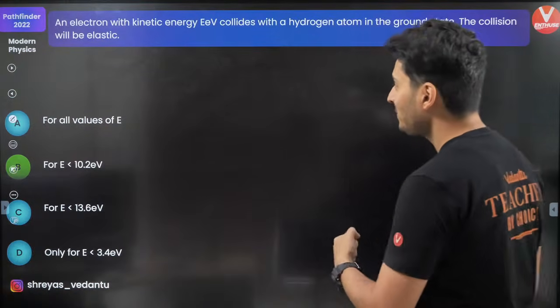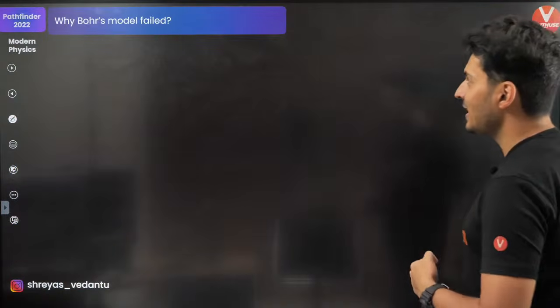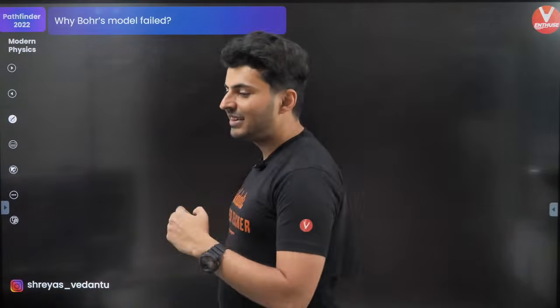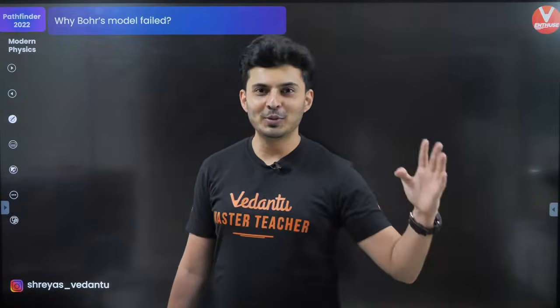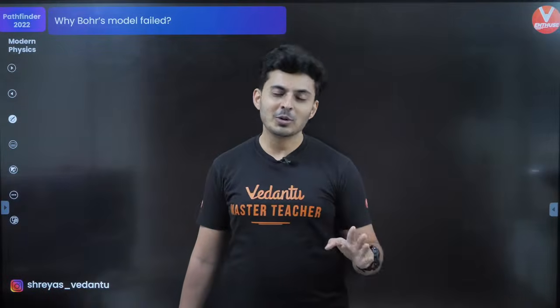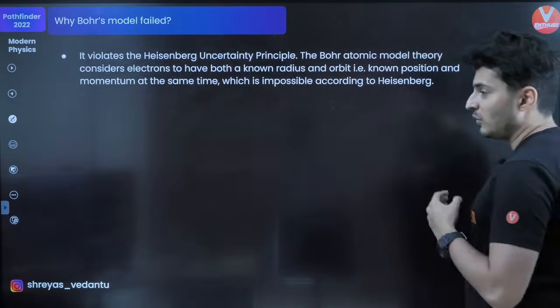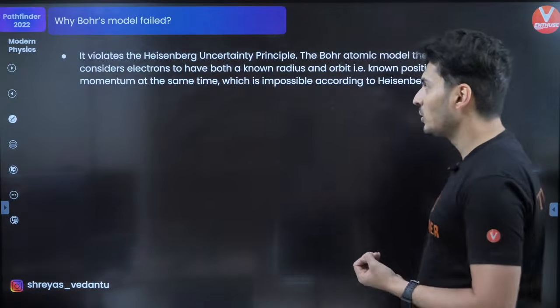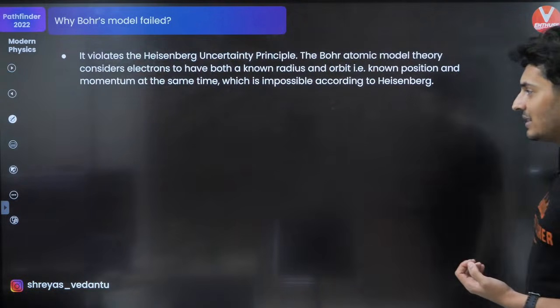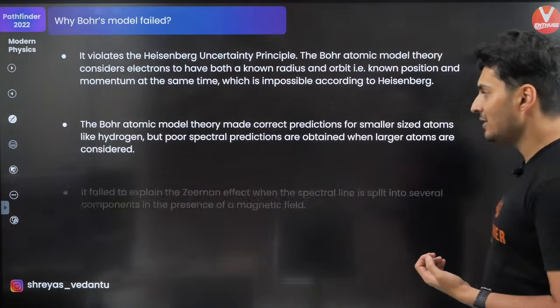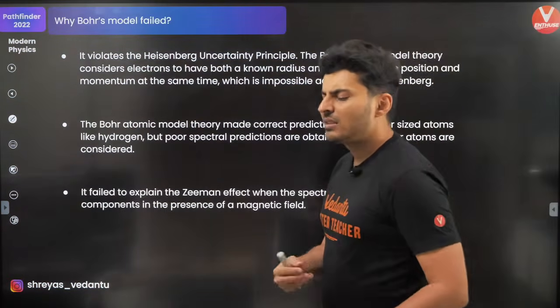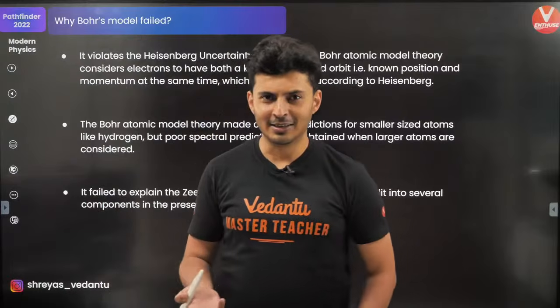Yeah. So let's see why Bohr's model failed in the end. So all this was good till now. Bohr's model failed because all of this was fine for smaller atomic numbers, but the moment you go to higher atomic numbers, the values of the radius and the energy which you calculate come out to be slightly different, number one.